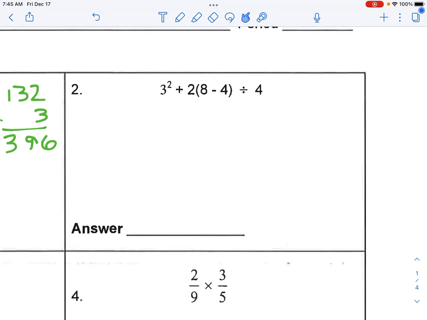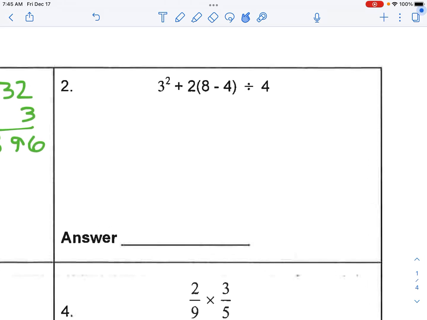Number 2, we got a lot going on here with order of operations. So the first thing we're going to do is parentheses. 8 minus 4, copy the rest of the problem. 3 squared plus 2 times 4 divided by 4.